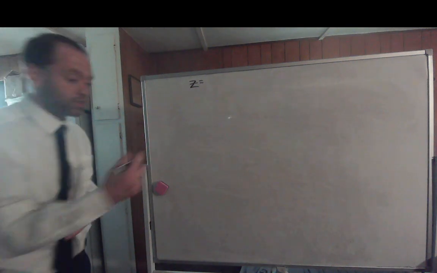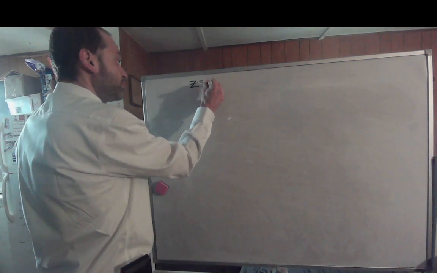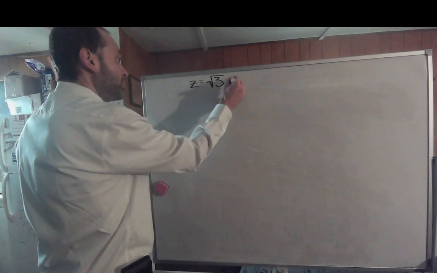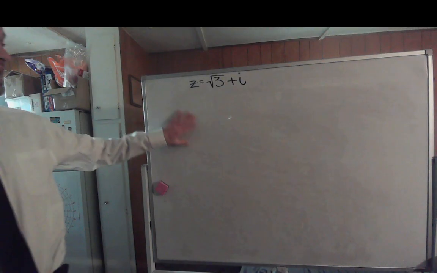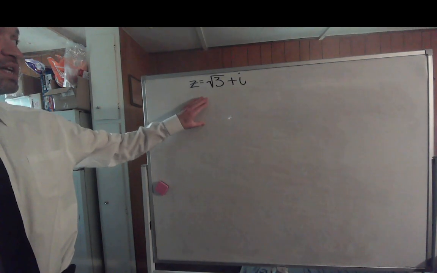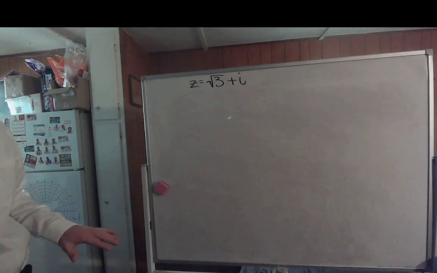Alright. z equals the square root of 3 plus i. Alright, so we have the complex number z equals the square root of 3 plus i.